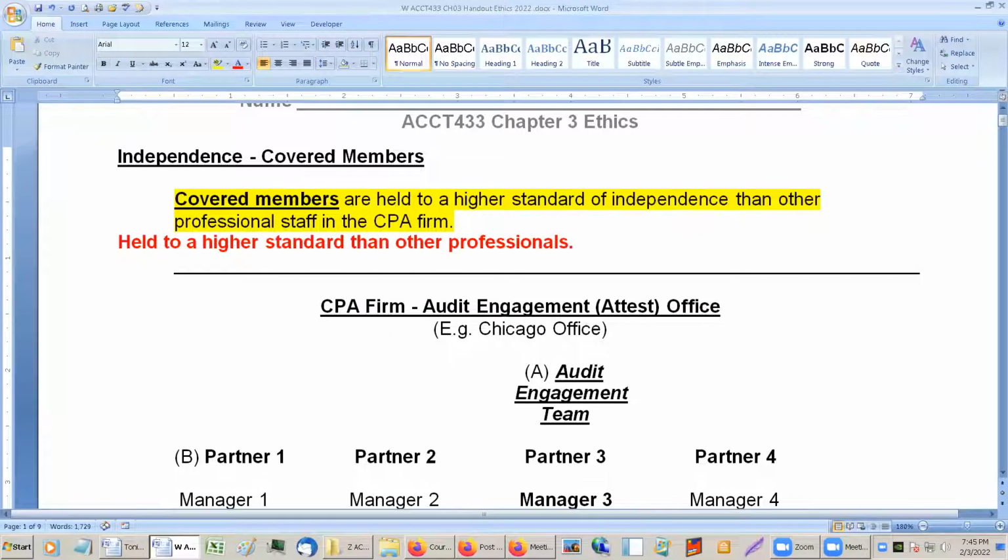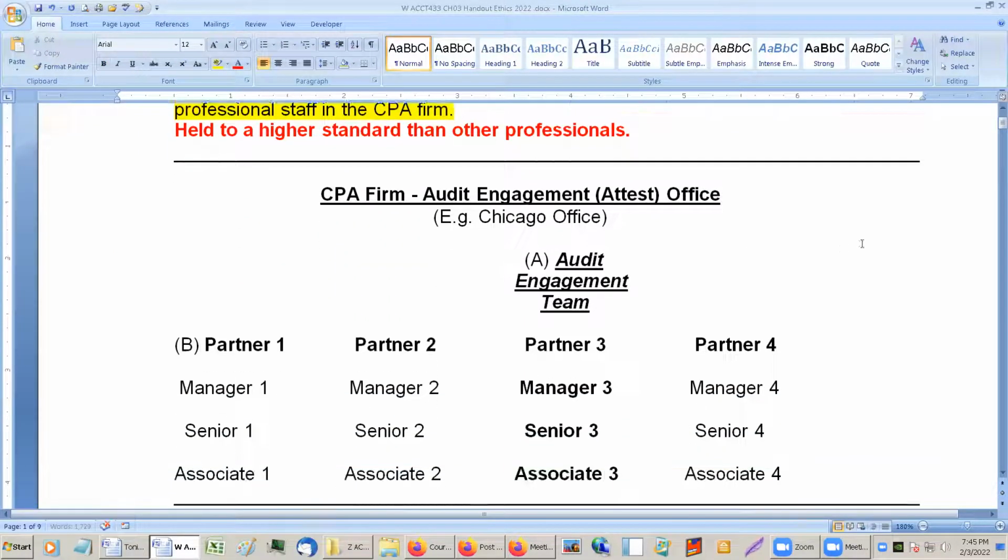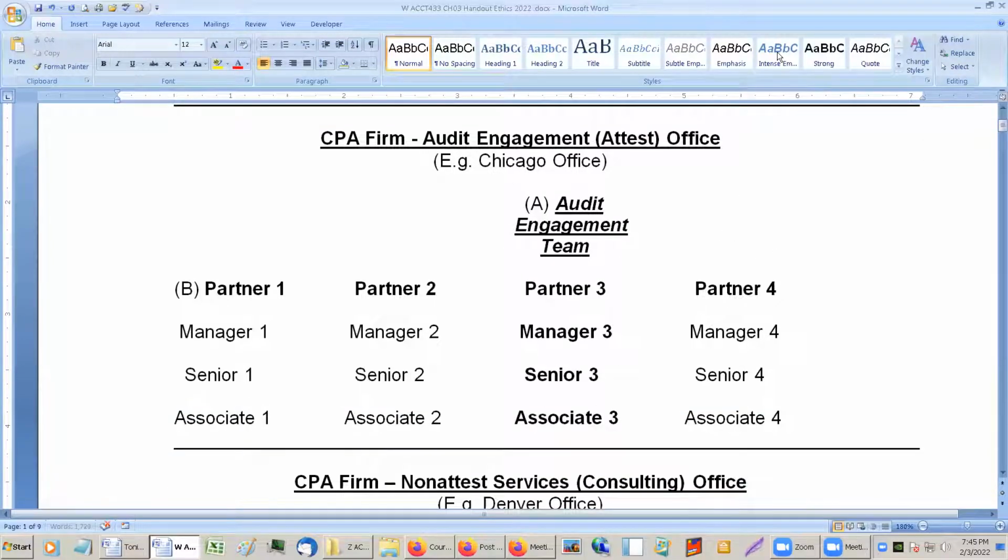The question becomes, when you're doing an audit, there are certain people that can influence an audit and certain people who are probably unable to influence an audit.